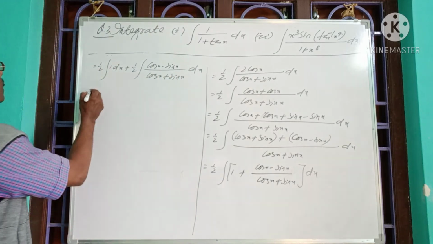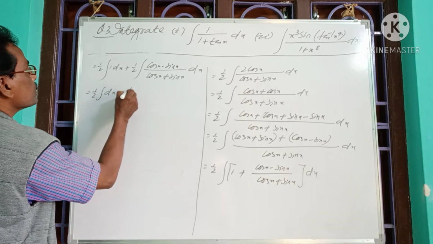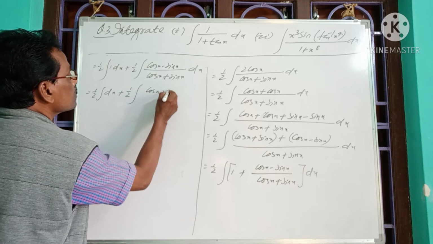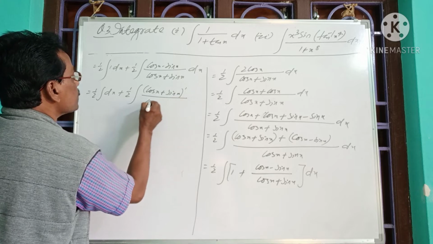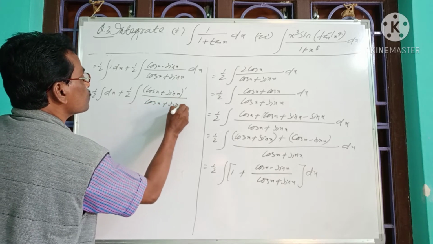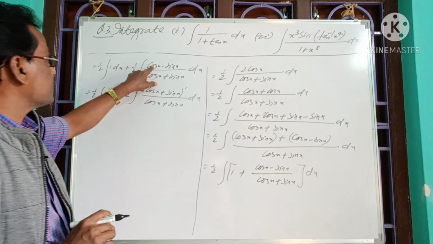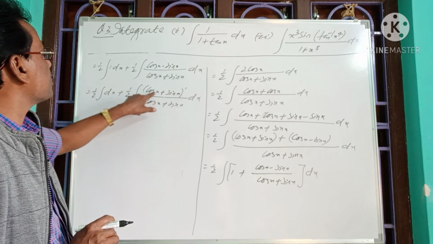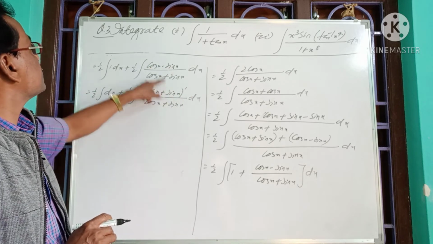So adjusting, we have half into integration with respect to x plus half into integration of cos x plus sin x dash by cos x plus sin x with respect to x. Here in place of cos x minus sin x we have cos x plus sin x dash, that means the derivative of cos x plus sin x: the derivative of cos x is minus sin x, the derivative of sin x is cos x.